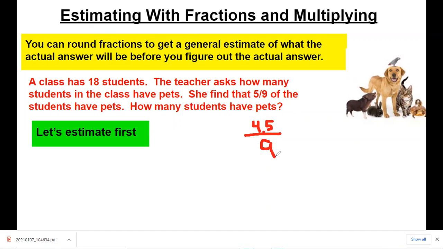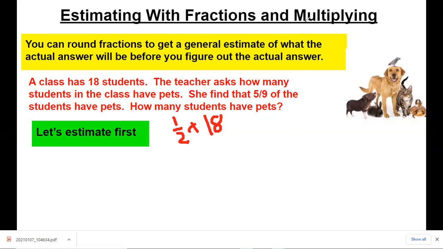So if the real number is 5/9, 5 is a little bit more than 4.5, so it's very close to 1/2. So we are going to multiply 1/2 times 18. So we know when we multiply 1/2 times 18, it's really the same as saying half of 18, isn't it?